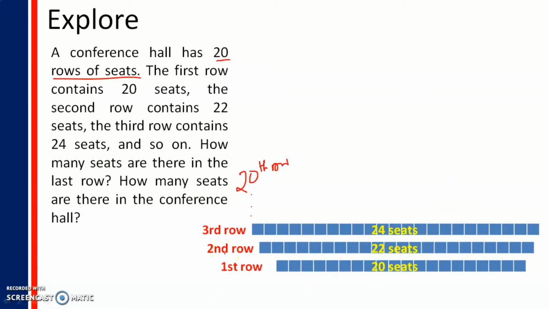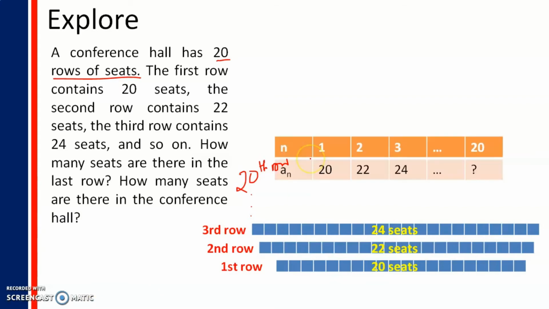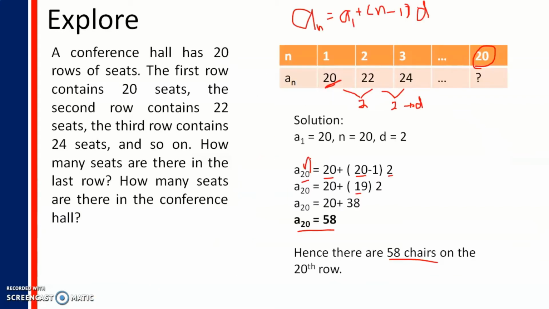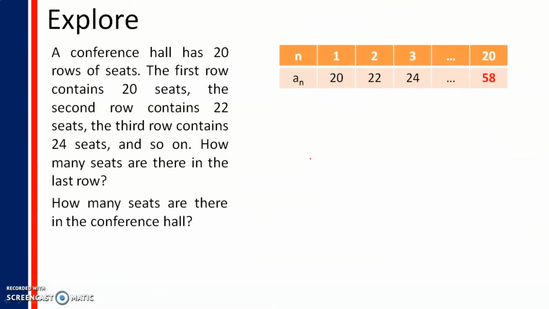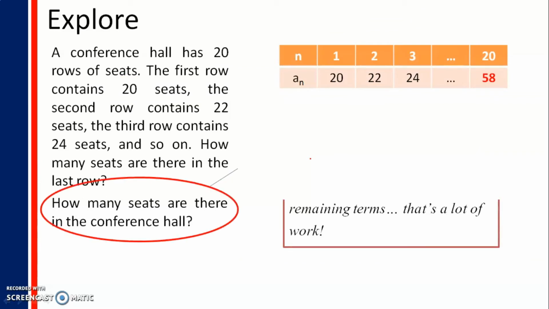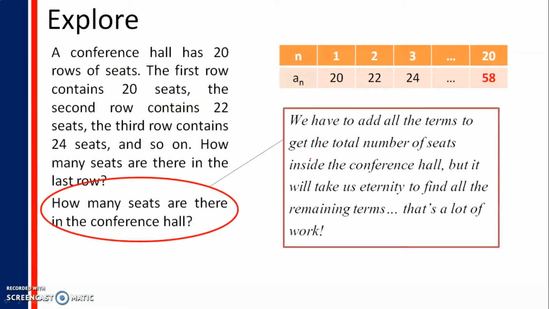Would we generate the pattern up to the 20th term? Isn't that tiring? Luckily, in mathematics, we have a formula to get the sum of the arithmetic pattern. We have to add all the terms up to the 20th term, but it would take us eternity to find all the remaining terms, and that is a lot of work. So what are we going to do?